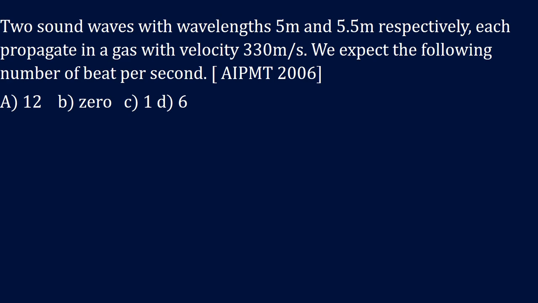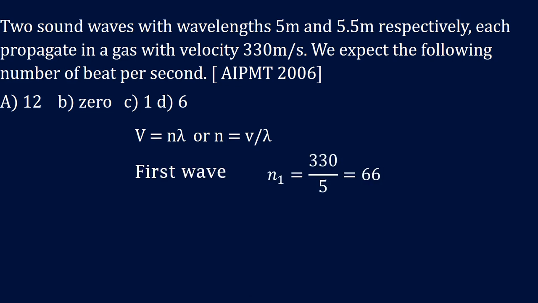In this question, two sound waves with wavelengths 5 meter and 5.5 meter respectively each propagate in a gas with a velocity of 330 meters per second. We are asked to find the number of beats per second. We will use the formula for the velocity of a sound wave, v = nλ, where n is the frequency.